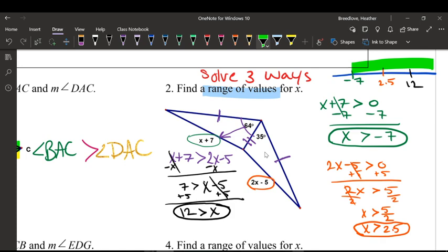And now look at the next one, x is greater than 2.5. So here's 2.5. If x is greater than 2.5, it's to the right. Can x be -7 if it has to be greater than 2.5? No, it can't. So that actually gets rid of the -7. It can't be that, because it has to be bigger than 2.5. And then I'm going to check the last one. 12 is greater than x.